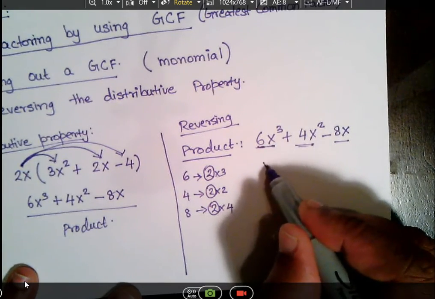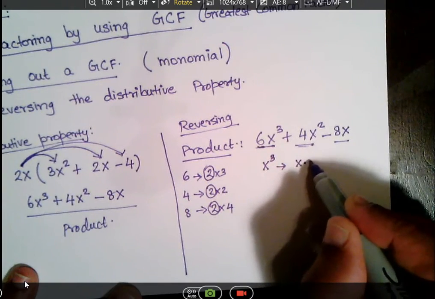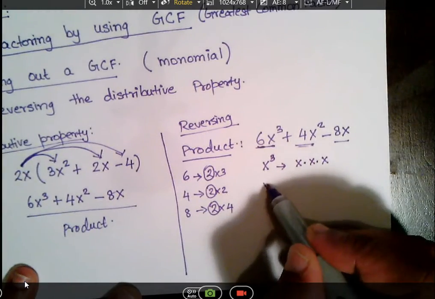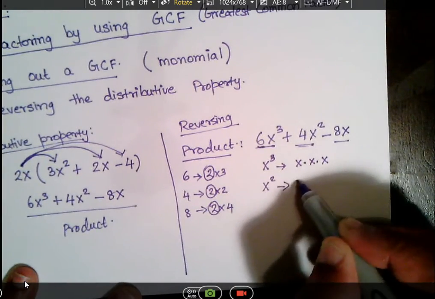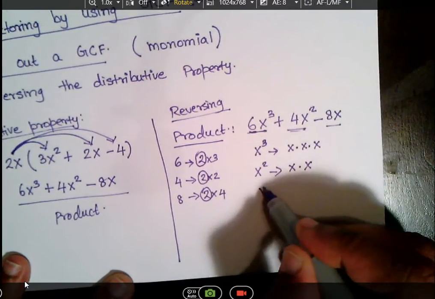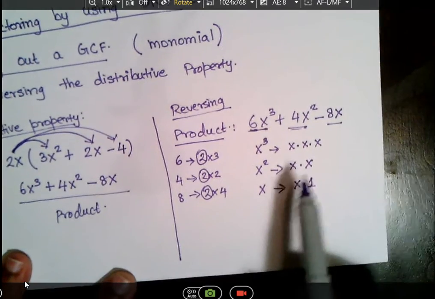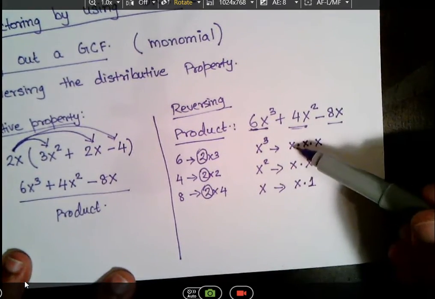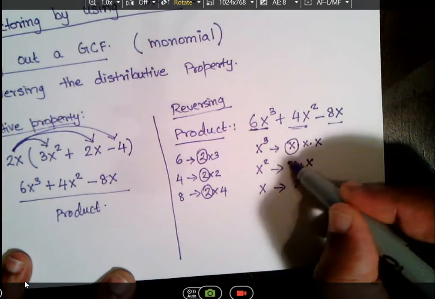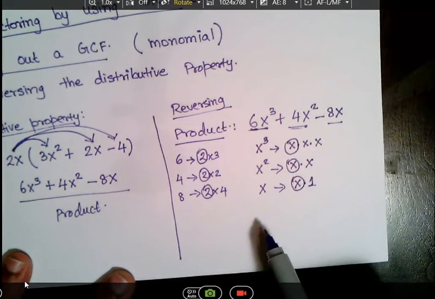So when I look at the variable part of each term, x cubed, the factors are x times x times x. The next term is x squared. The factors are x times x. The next term is x. It is just x times 1, right? So I have these factors. The greatest common factor between the three variable parts is 1x, right? I have 1x that's common between the three.